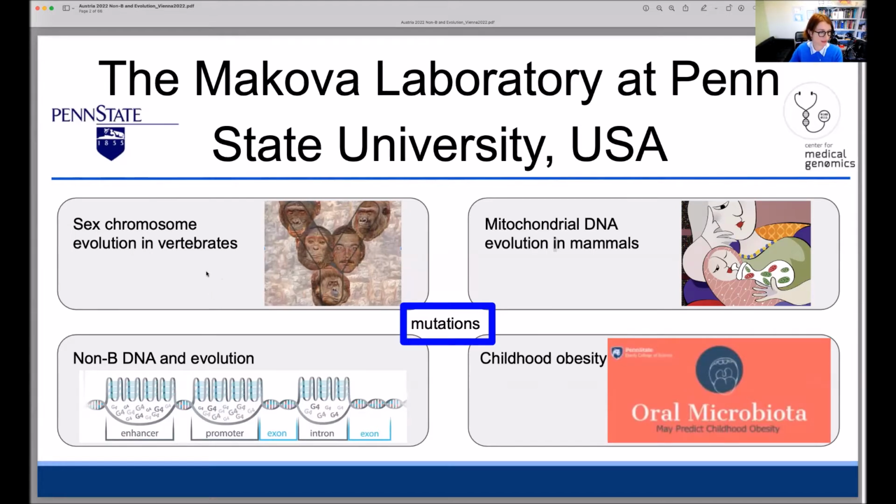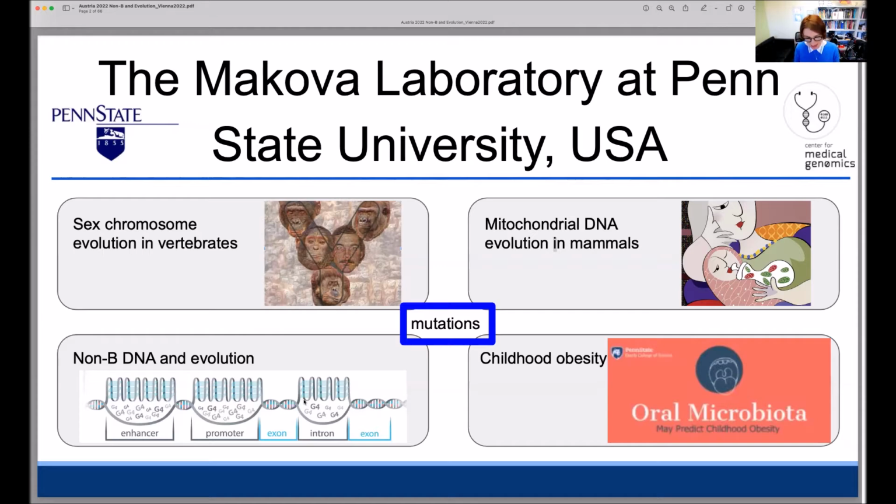Recently, we have been members of the Telomere-to-Telomere consortium to sequence the Y chromosome in human, but also in other primates. We work on mitochondrial DNA evolution in mammals. We also have a more applied project on childhood obesity. And the project I'm going to talk about today is on non-B DNA.